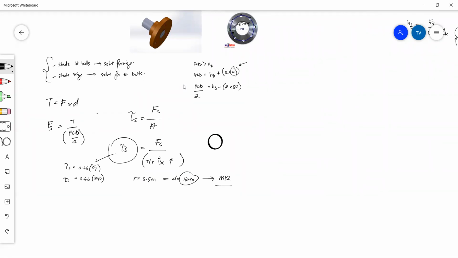And once you've done all this, then your final statement will be, after you've done the bolt analysis, you will use 4 by M12 at a PCD of whatever this distance is. And that's how you sum up or finish off your bolt analysis.